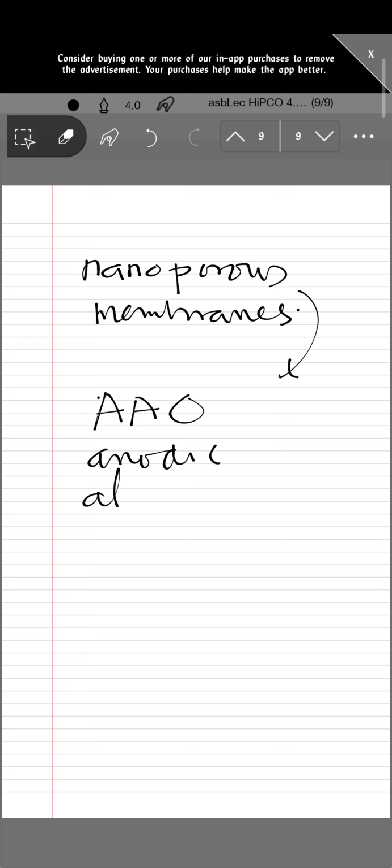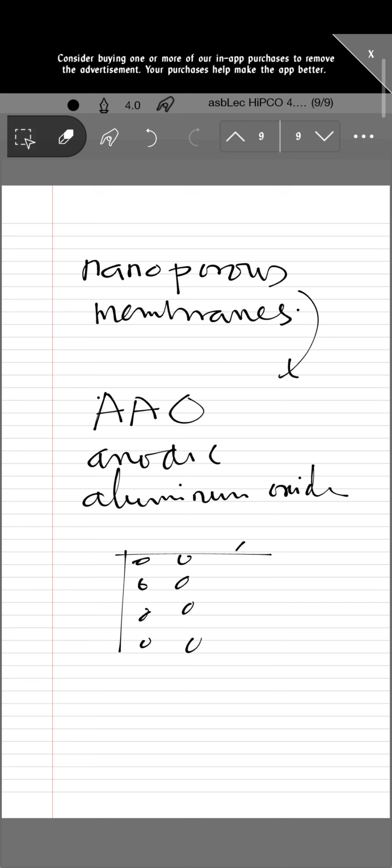These are arrays of parallel straight nanopores with uniform diameter and length, and thus serve as a template for growing nanotubes. So these are the different pores. So nanotubes are formed inside these pores. They are periodically arranged.